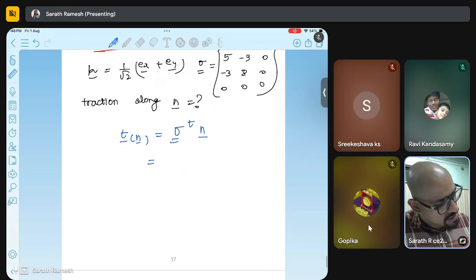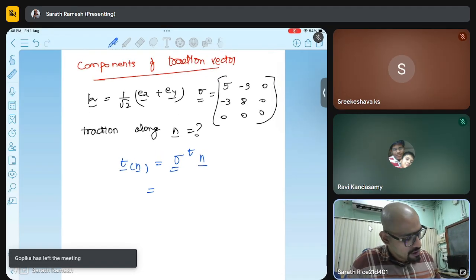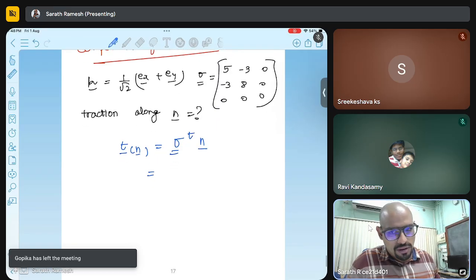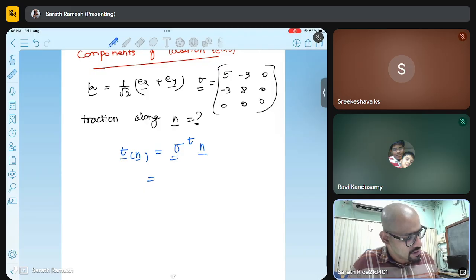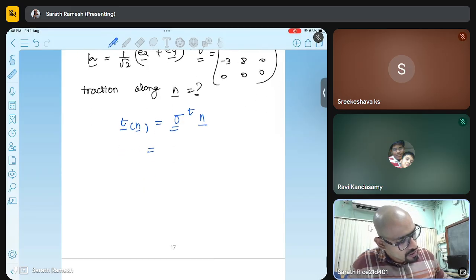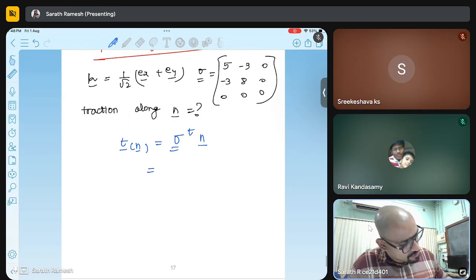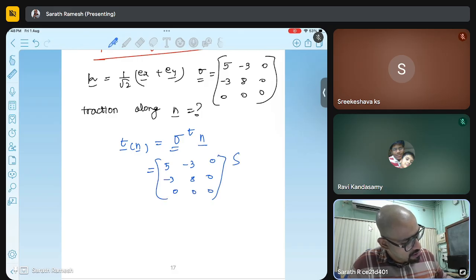The sigma transpose comes from the transpose definition that we would have seen. Here sigma equal to sigma transpose. So [5, -3, 0; -3, 8, 0; 0, 0, 0] times [1 by root 2, 1 by root 2, 0].